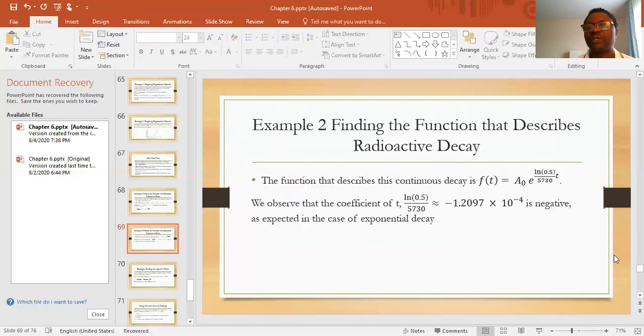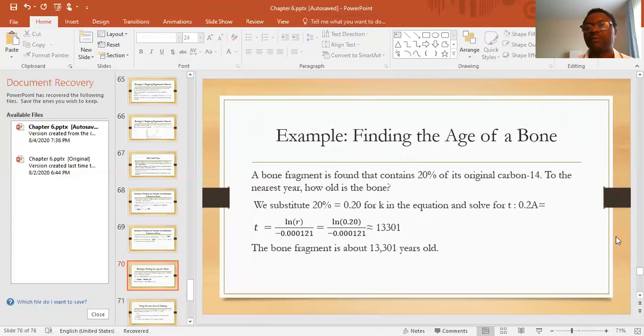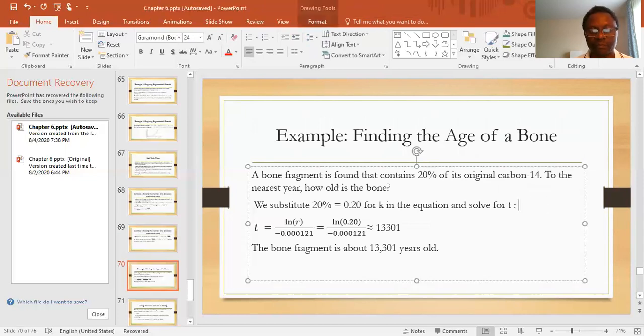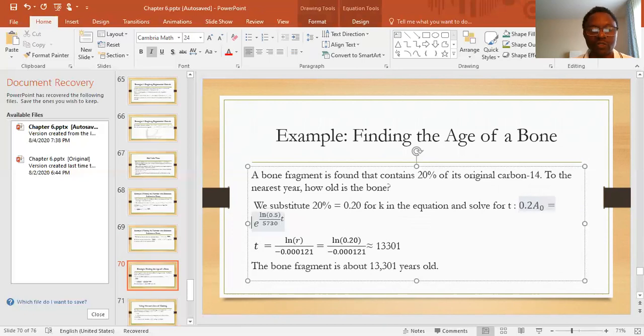let me write that equation here because it is missing. 0.2 times A, that is what is remaining, 20%, is equal to A0 times e raised to the power of K times t.